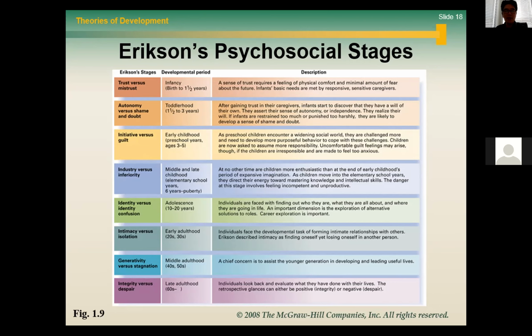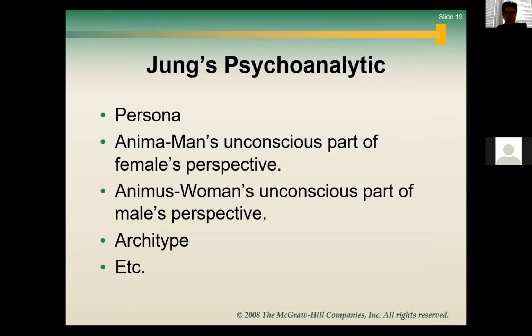Erikson's 8 stages are based on our textbook, and are also a basic foundation for our lifespan. It is a very, very critical part. The next psychoanalytic theorist is Carl Gustav Jung, pronounced Yung in German and Jung in English.